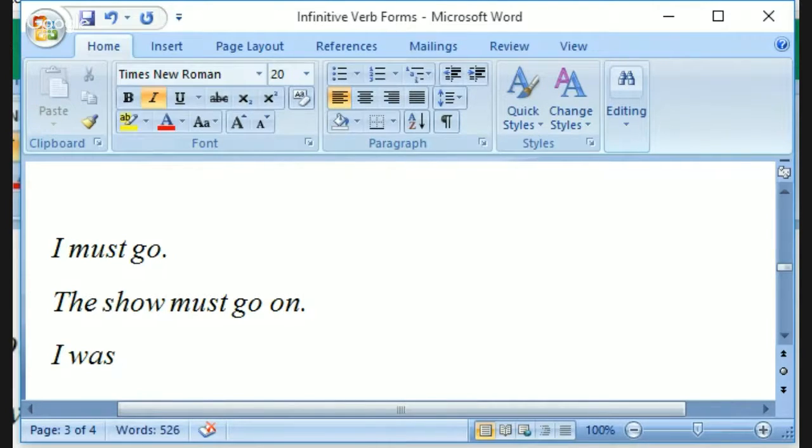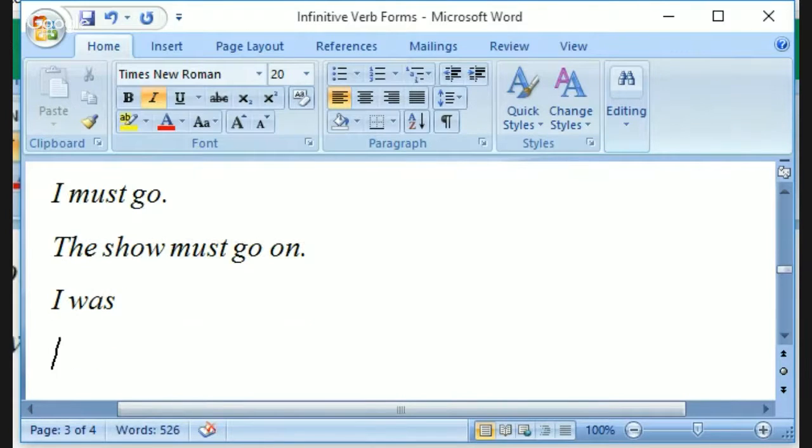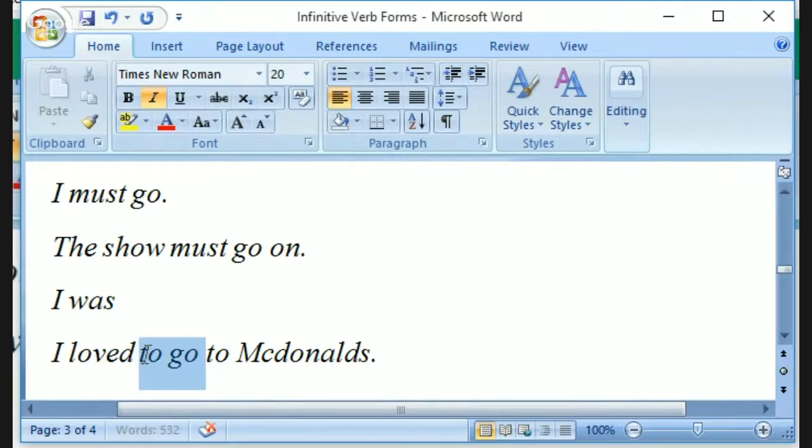Those are common. I love to go to McDonald's. To go. To go. Okay.